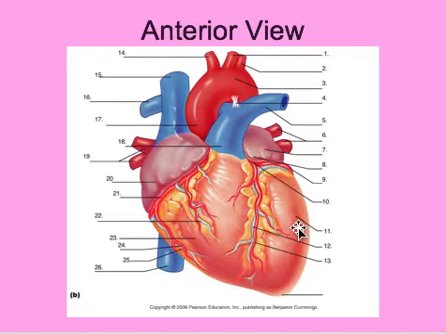All right, so this is the anterior view of the heart. If you opened up someone's chest, this would be what you were looking at, with the exception of the fact that, when we talk about anatomical terms, the left is the right and the right is the left.